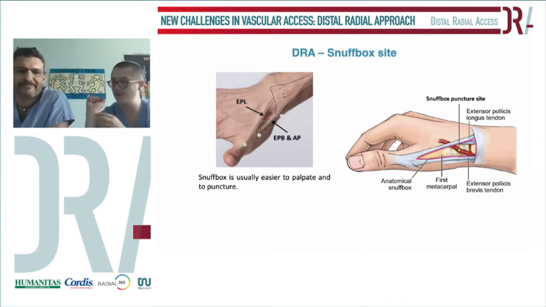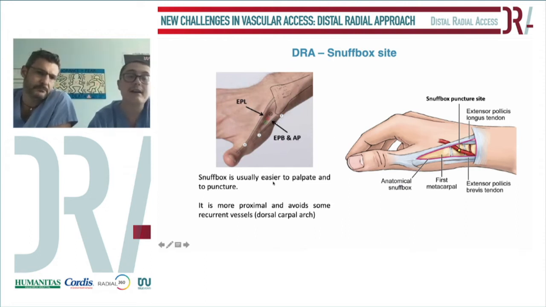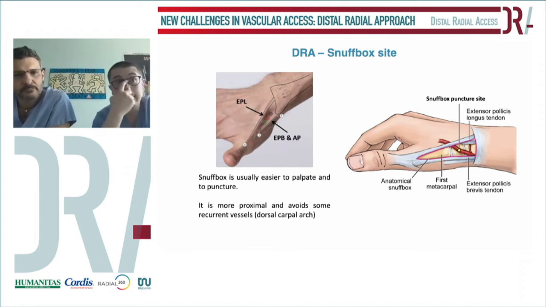It's no more to palpate here, but to search the pulse here because it's easier for us to puncture there, and it's more proximal and avoids some recurrent vessels like the dorsal carpal arch, or even the superficial radial artery, the superficial palmar arch, and it's easier to compress because the scaphoid bone is really hard and easy to compress on.